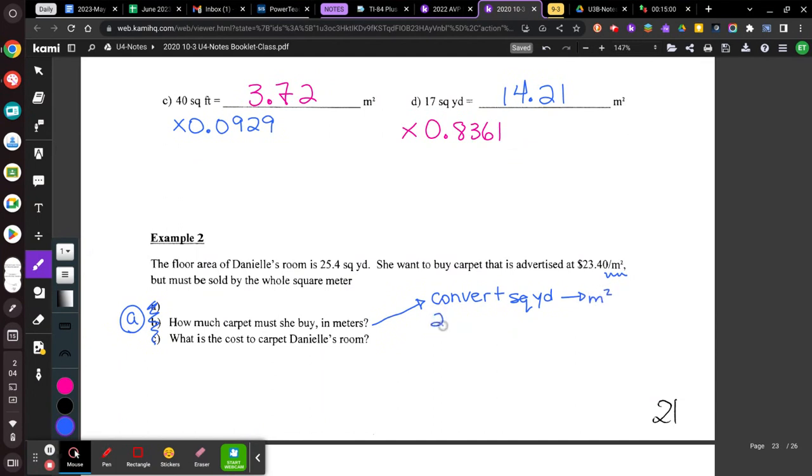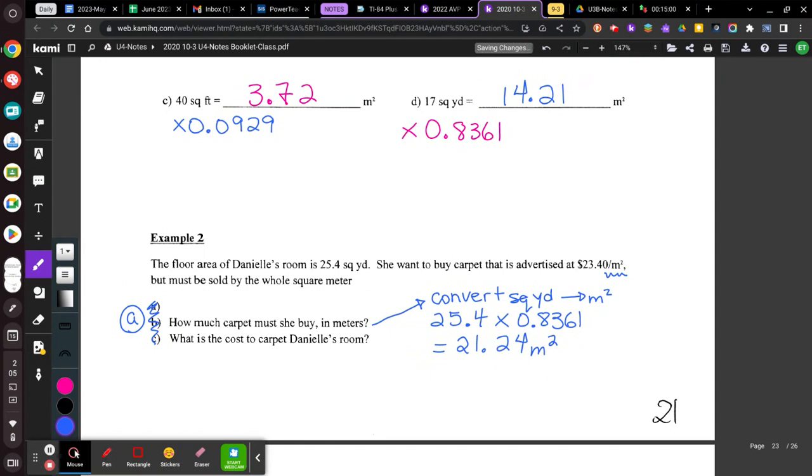So we need to take 25.4 and multiply it by the number in the chart, which is 0.8361. That's going to give us 21.24 meters squared.